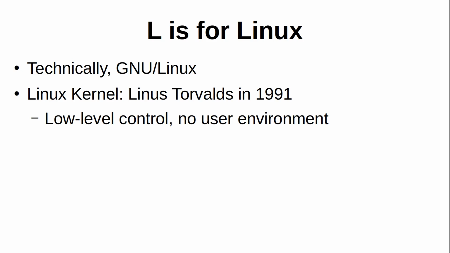It's not a complete operating system. It just provides that really basic control over how resources are used by the computer, how you access devices and things like that. And that part of Linux was created by Linus Torvalds, of course, the namesake of Linux.